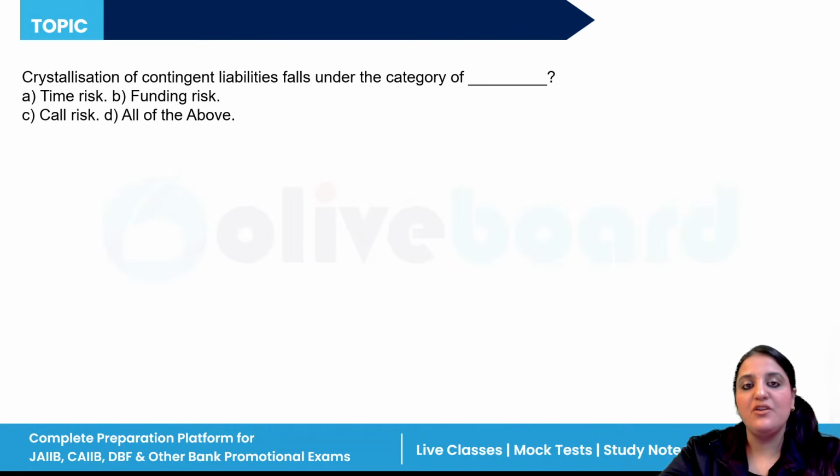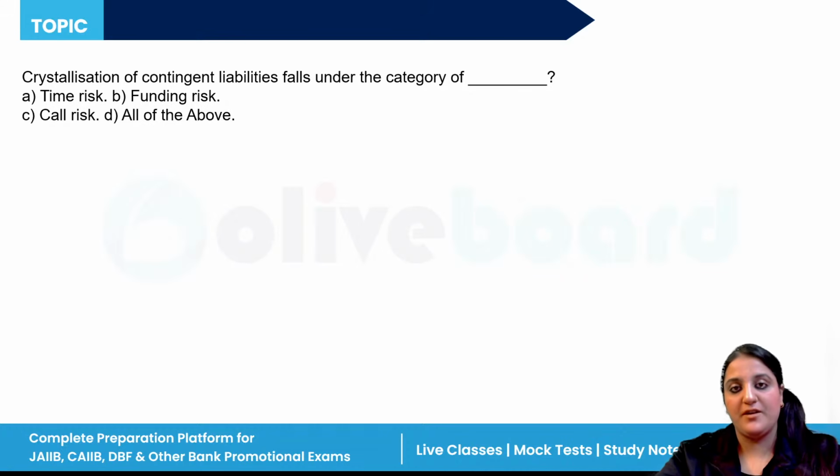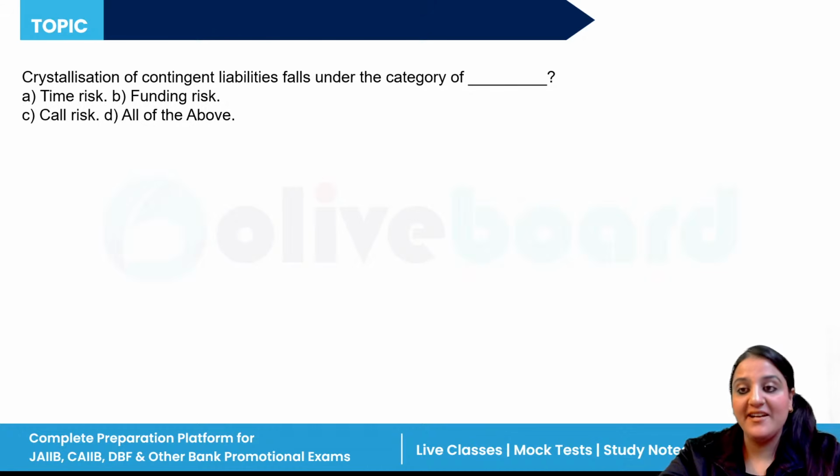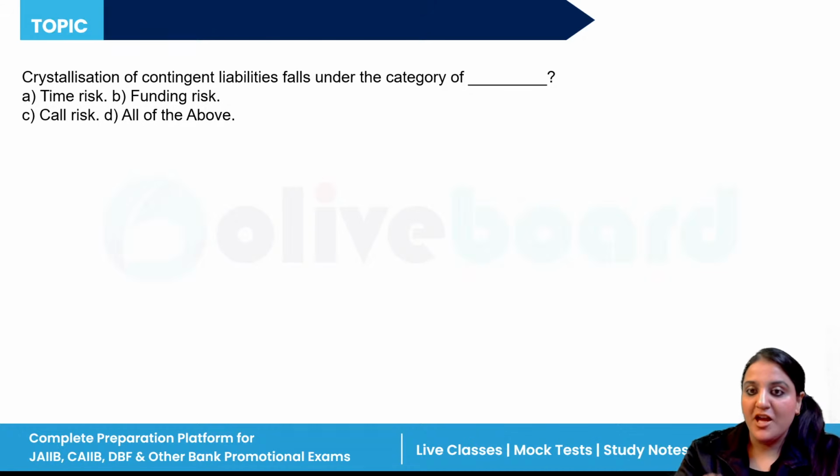So crystallization of contingent liabilities falls under the category of which one? When contingent liabilities become real, the bank needs funds to pay, which causes funding risk, right?